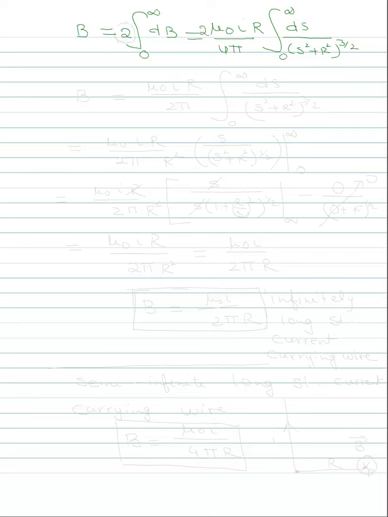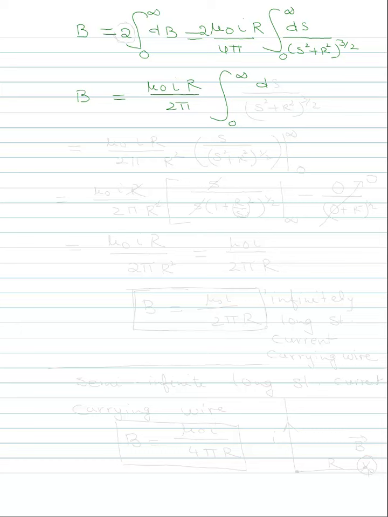If I just double it, saying that the magnetic field from 0 to minus infinity will give you exactly the same contribution, there also the magnetic field is pointing into the paper. Okay, great. So basically what we are seeing then is that B is nothing but mu 0 I r over 2 pi times integral from 0 to infinity of ds over s square plus r square to the power 3 over 2. And this is an integral which you can do.